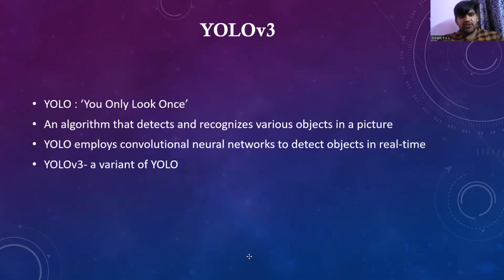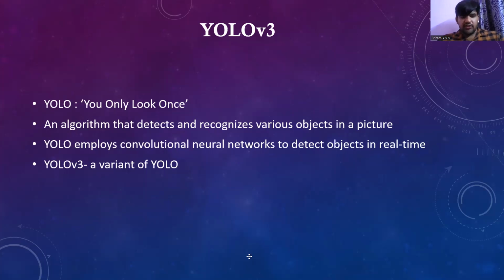YOLO stands for you only look once. Basically, YOLO is an algorithm that is used for object detection. And object detection in YOLO is done as a regression problem and provides class probabilities of the detected image. YOLO employs CNN to detect objects in real time.